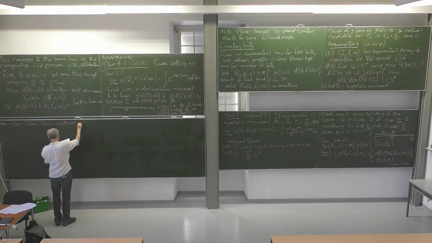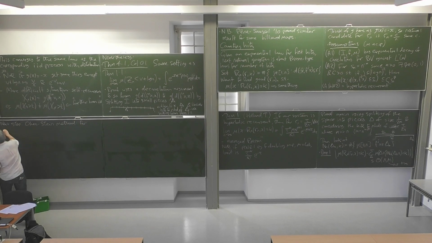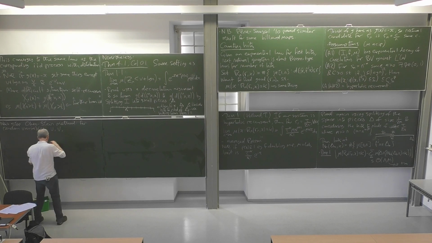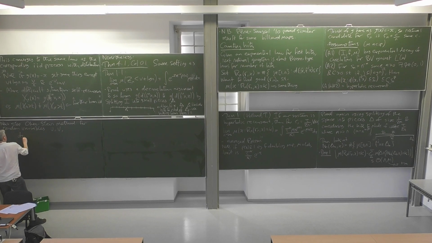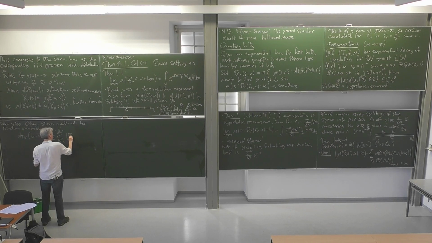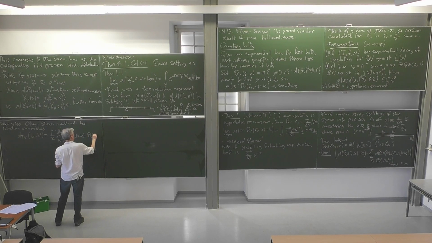For random variables U and V, the total variation between these is equal to a half times the sum, k equals 0 to infinity, of the absolute difference between the probability U equals k and the probability V equals k.